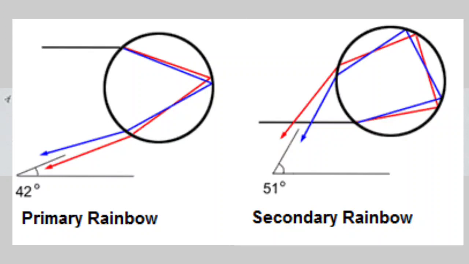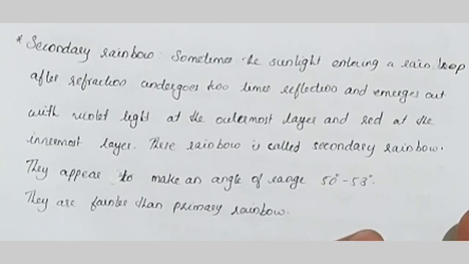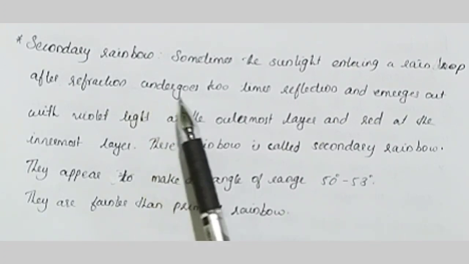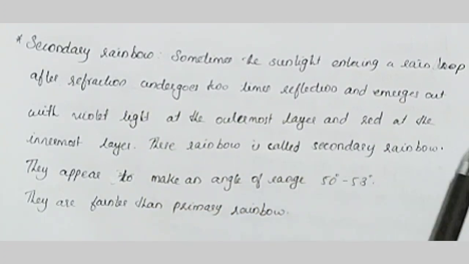So sometimes the sunlight that enters a raindrop undergoes 2 times of reflection inside the raindrop. So once the sunlight enters the raindrop, it undergoes a total internal reflection, then again it may undergo total internal reflection for the second time. So 2 times of refraction and 2 times of total internal reflection occurs, and the rainbow obtained by this process is known as the secondary rainbow.